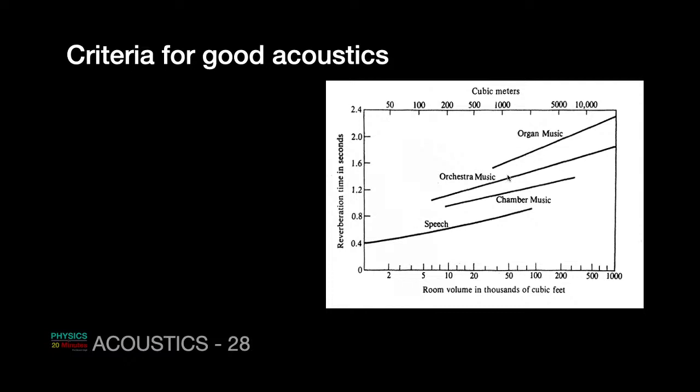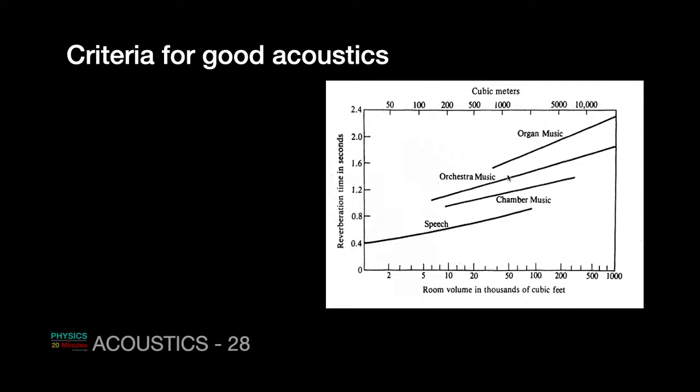Different kinds of music require different reverberation times. Instruments which are played at small intervals, where you pluck and they just give the sound, for example a guitar wire, do not require large reverberation time, because there will be a lot of mixing of sound.